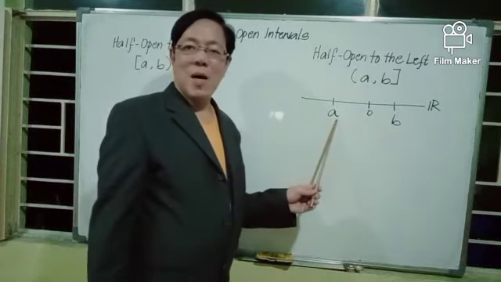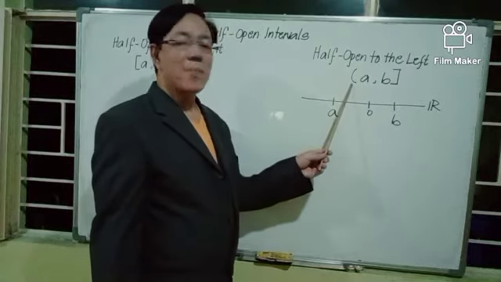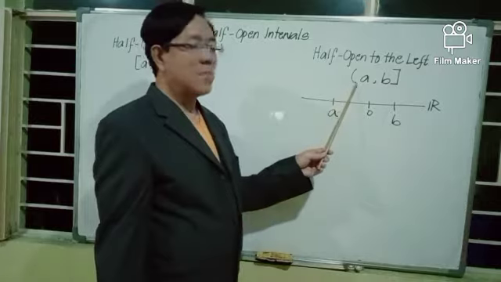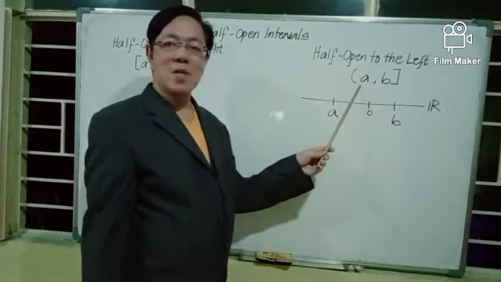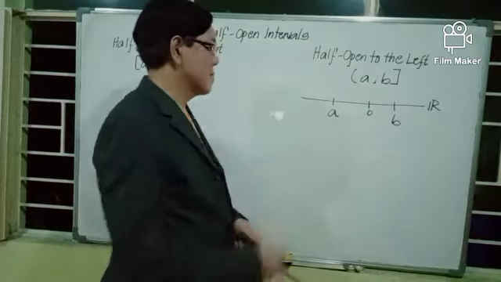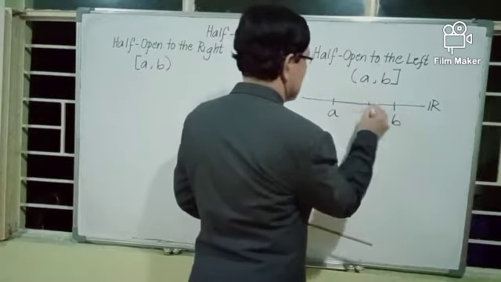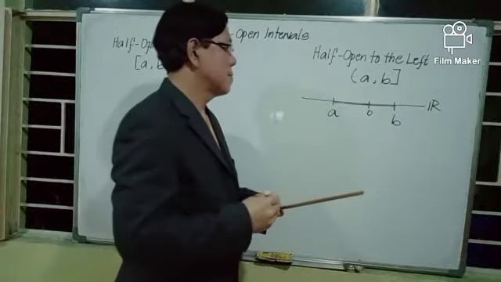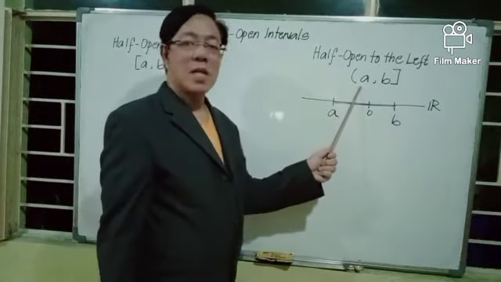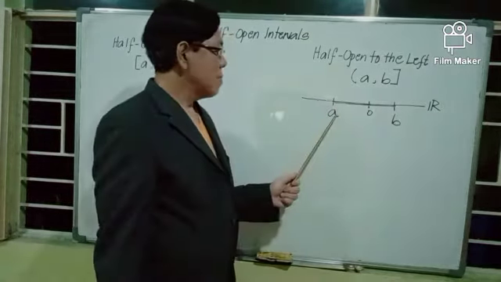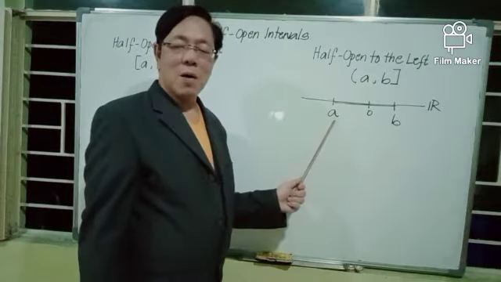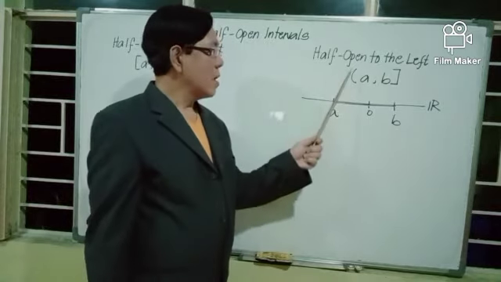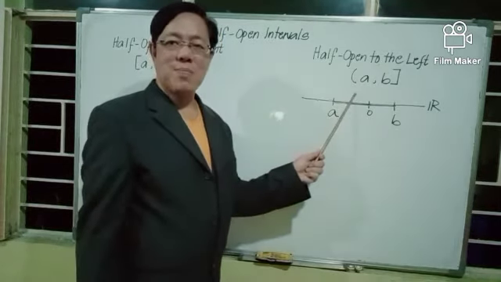Suppose these are the real numbers A and B. The half open to the left interval, (A, B], is the set of real numbers between A and B. The set of real numbers between A and B, but the real number A or the left endpoint of the interval is not included, and we indicate that by this parenthesis.